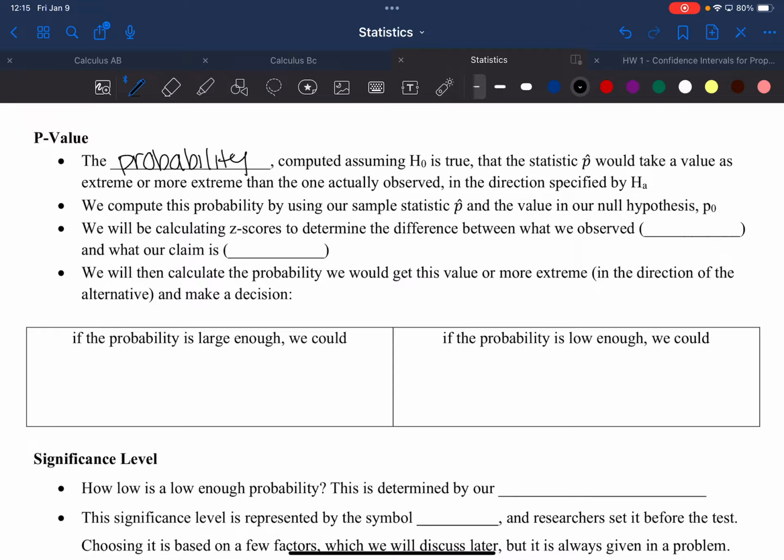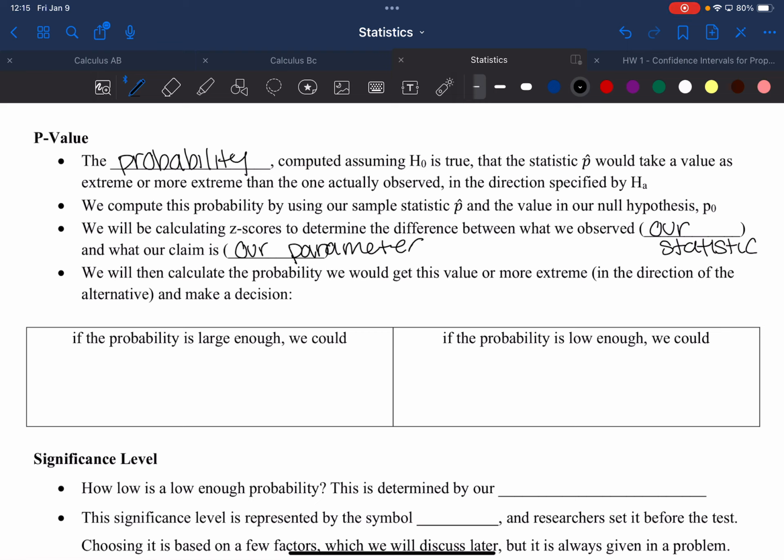We will be calculating z-scores to determine the difference between what we observed, which is our statistic, and what we claim, which is our parameter. We will then calculate the probability we would get this value or more extreme in the direction of the alternative and make a decision.